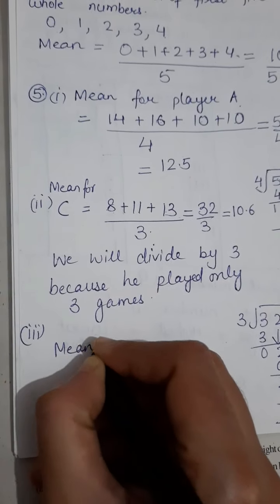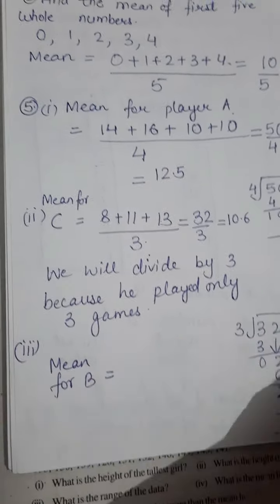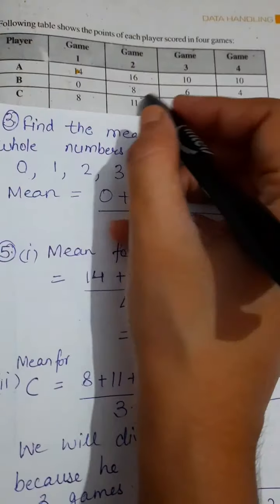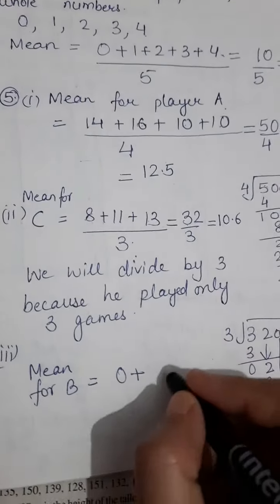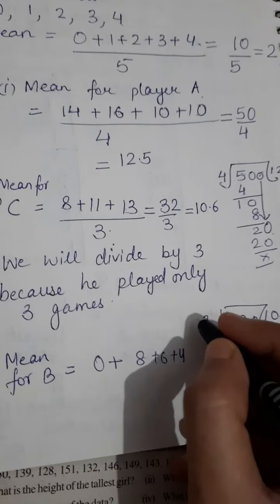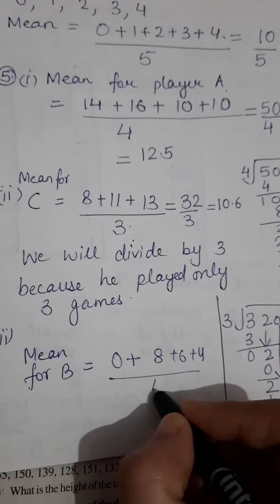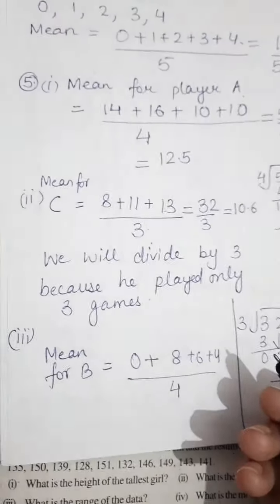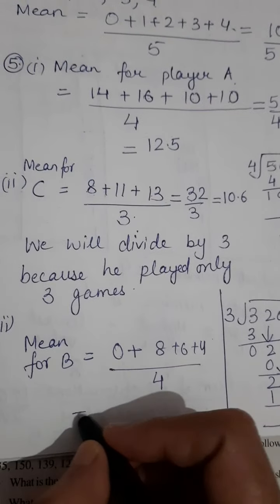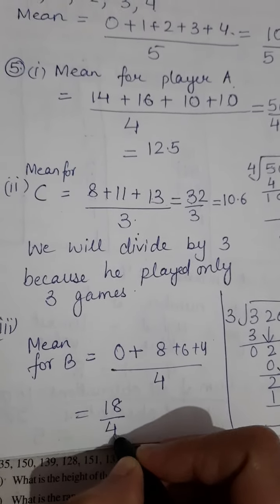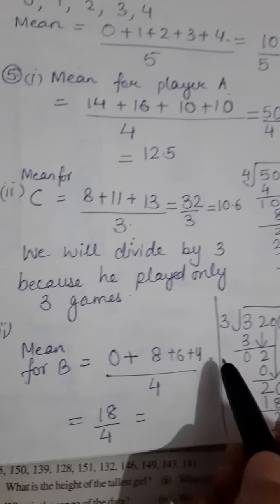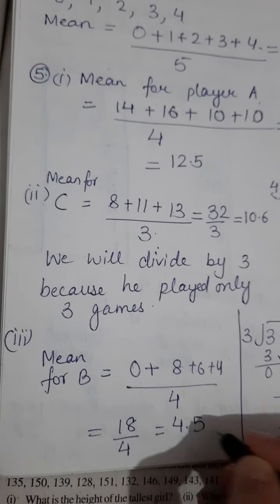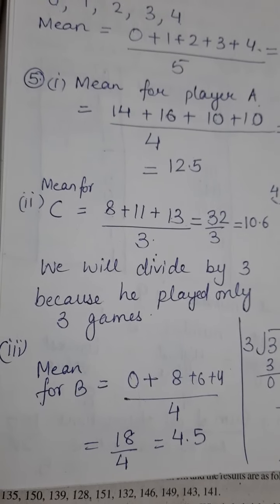We will find the mean for B equals 0 plus 8 plus 6 plus 4, divided by 4. Why? Because he played the game. He didn't get good marks, he got 0 only, but he played. If we add them, we get 18 upon 4. And if we divide 18 by 4 like this, you will get the answer 4.5. So this is how we solve it.